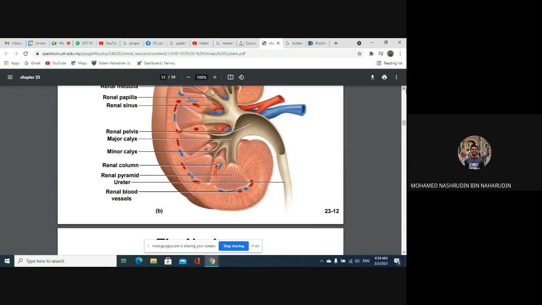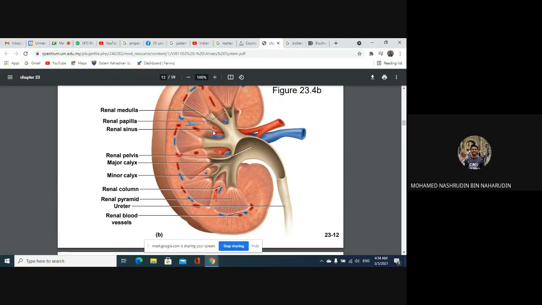Renal sinus is the area in between these renal papillae, within the hilum. Then the renal pelvis, and the major calyx.